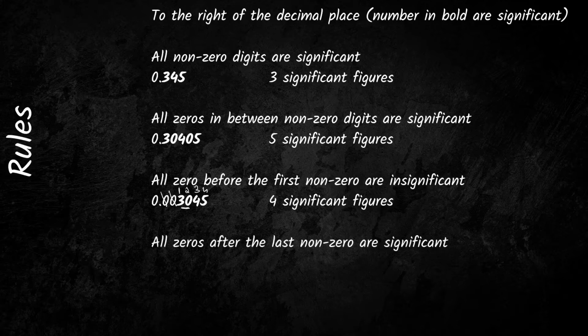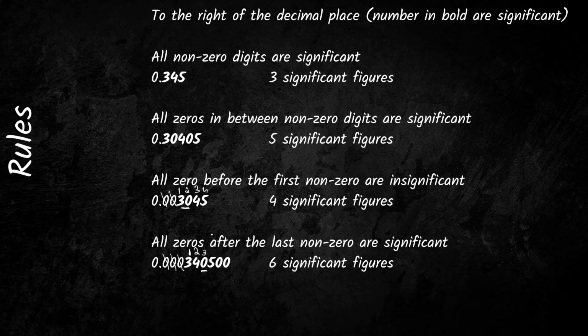The last one is different again from the previous one, which is that the zeros after the last non-zero digit are considered significant. These right here are not significant, of course, because they are before the first significant figure. The 3 is considered significant. The 4 is considered significant. This 0 right here is in between two non-zero digits, so again, it's considered significant.